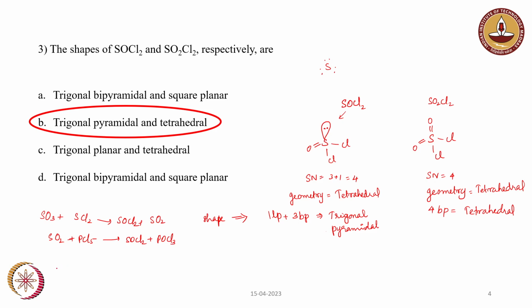And SO2Cl2 is synthesized by SO2 reacting with Cl2 on activated charcoal. So SO2 plus Cl2 on activated charcoal will give SO2Cl2.